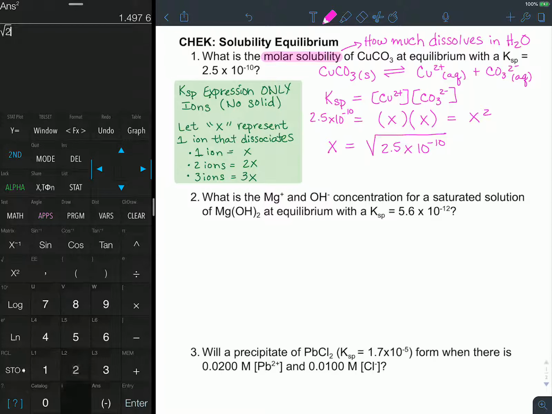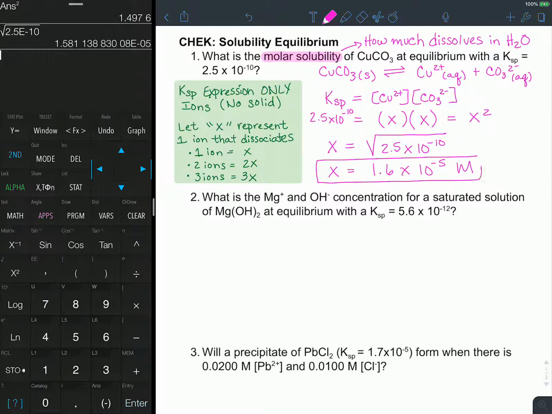Square root of 2.5 times 10 to the negative 10th, and I get 1.58. I start with 2 sig figs, so I want to end with 2 sig figs. That means X is equal to 1.6 times 10 to the negative fifth. This is a concentration, so this is molar, and that is my answer for this first one.